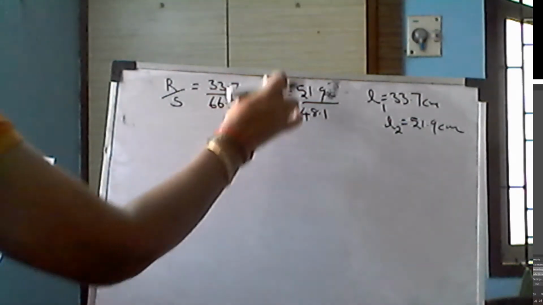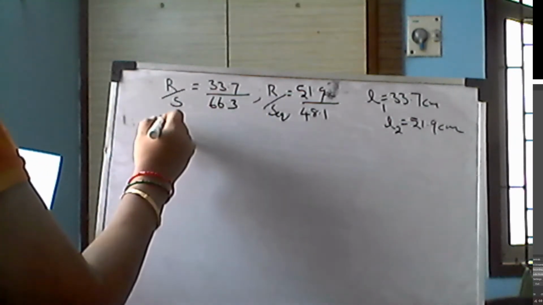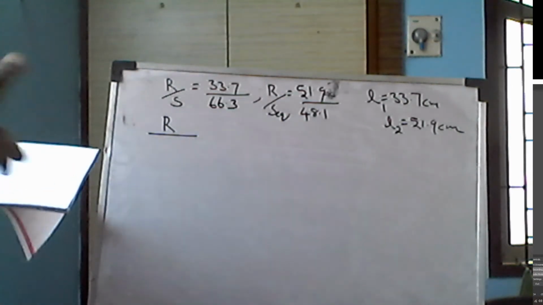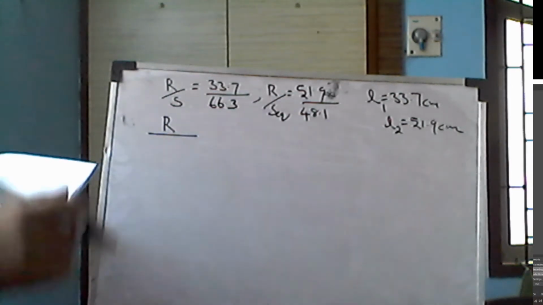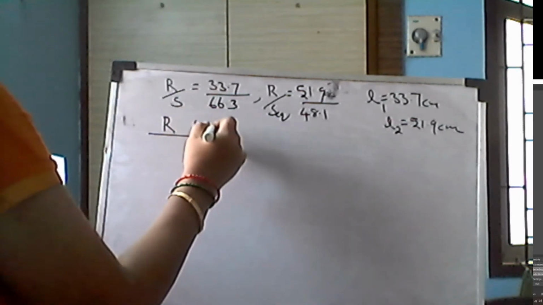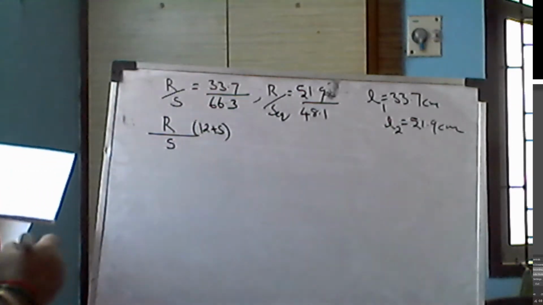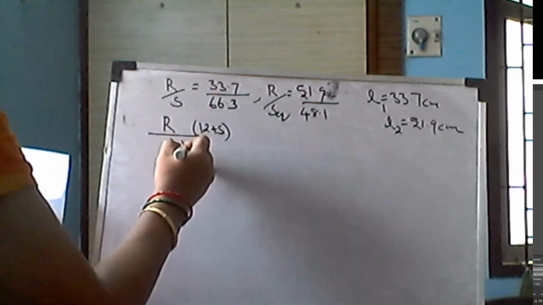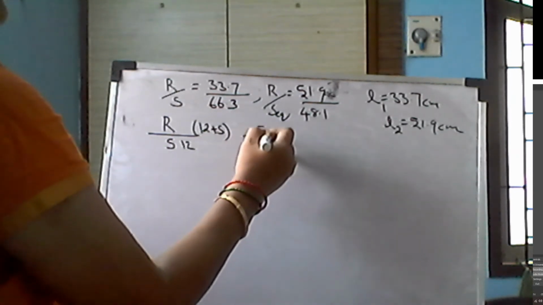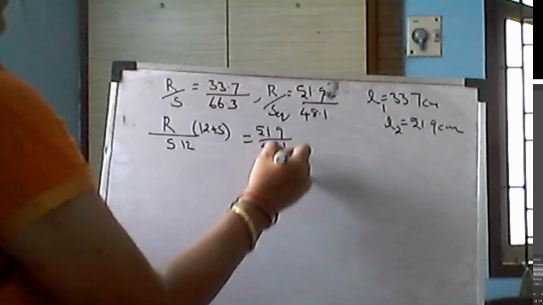Now R divided by S equivalent you can write as 12 into S divided by 12 plus S, so 12 plus S will go up, equal to 51.9 divided by 48.1.